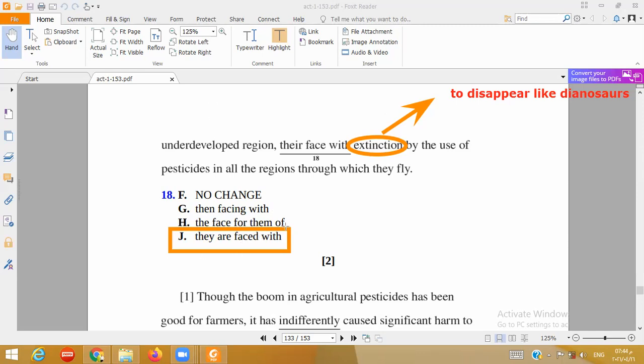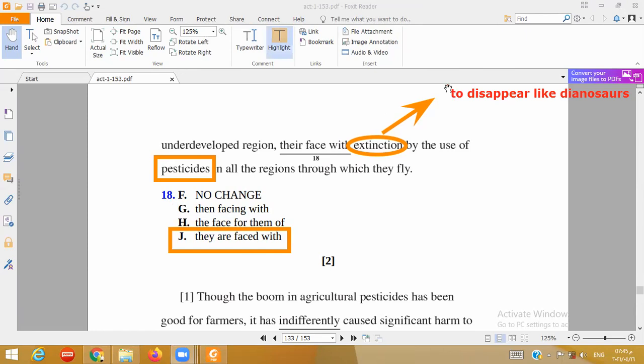They are faced with pesticides. So what is causing these birds to become extinct? What is causing extinction? What is the threat? What is killing those animals, those birds? I mean, pesticides.